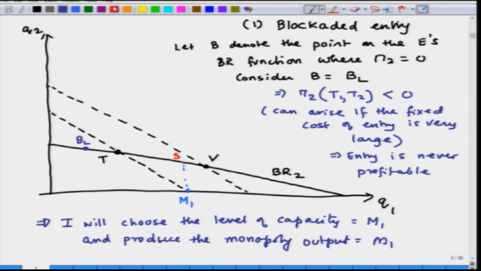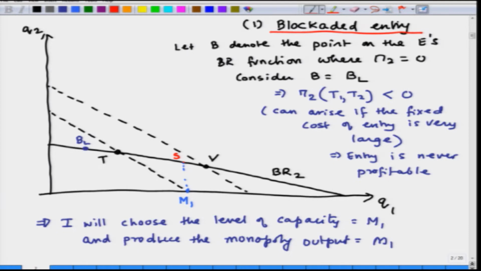This corresponds to the case of blockaded entry. The fixed costs are so high that entry is never going to be profitable for the entrant. If entry is never profitable for the entrant, it essentially means that the incumbent will set up a capacity so that it produces the monopoly level of output.